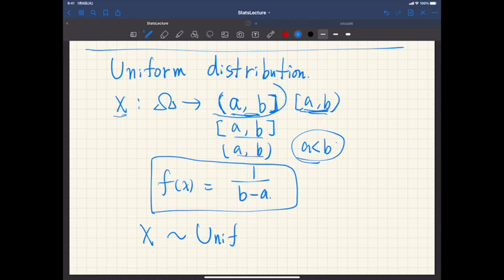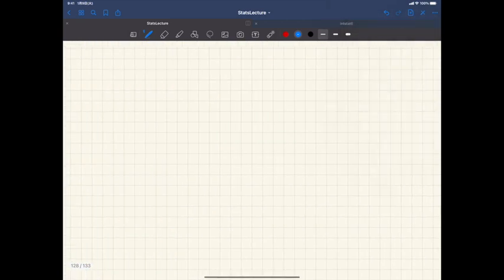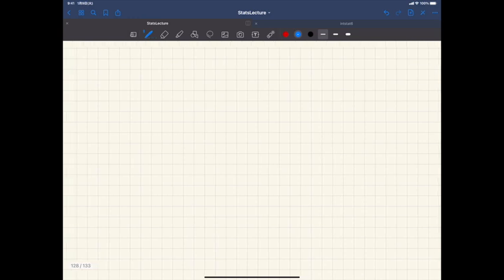So let's suppose we use this definition. In this case, we write like this. So let's see some very simple examples. Let's say we have a uniform distribution between 0 and 1.